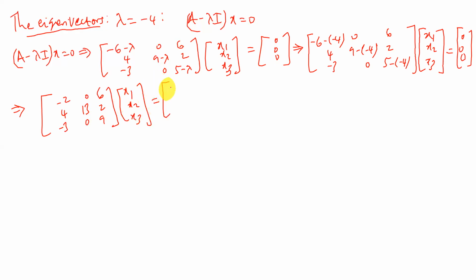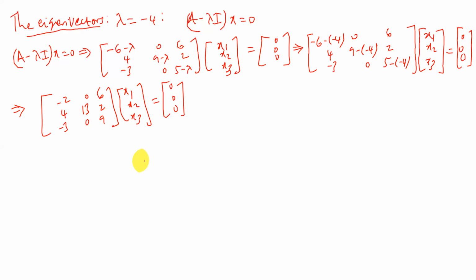I want to get the eigenvectors, the associated eigenvector. So we have exactly that. What is the eigenvector?